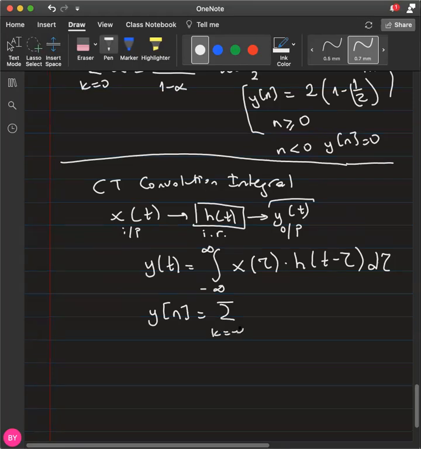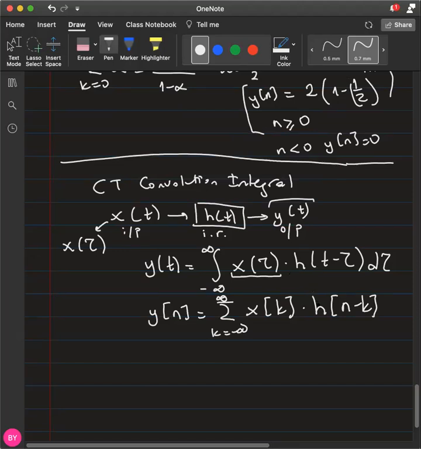If you look at them together, they are really very similar to each other. n minus k. So summations become integrals. x of k is now x of t. So what should I do? x of tau. The first thing I should do is convert x of t to x of tau, another variable.